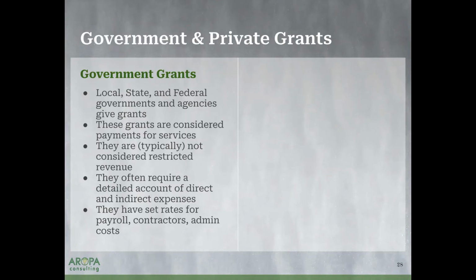It's considered almost a payment for food services within that particular community. The government gives a lot of grants because oftentimes civil society or the civil sector is a lot better equipped to deliver services than large government organizations. So these are a great source of revenue, but they, as I mentioned, can be very complex to manage.